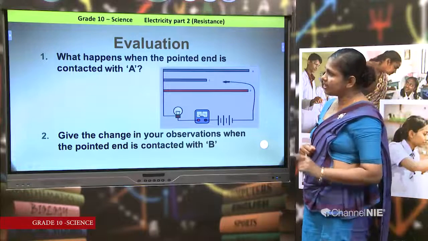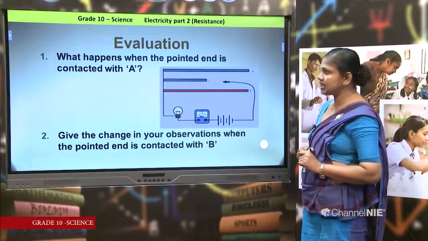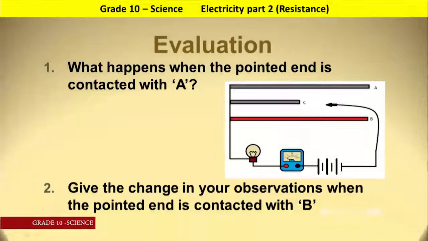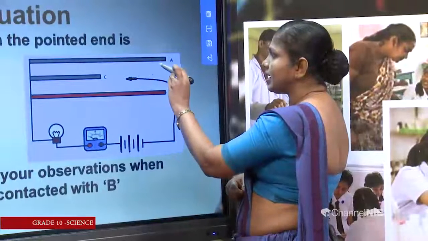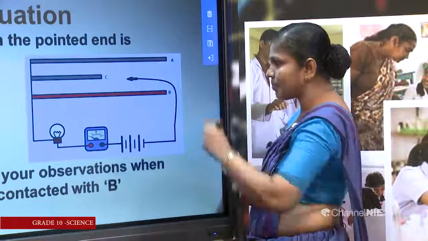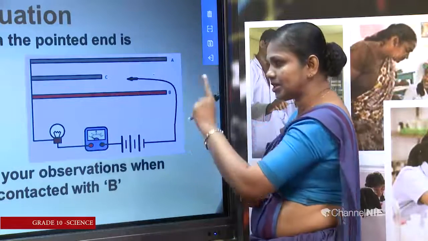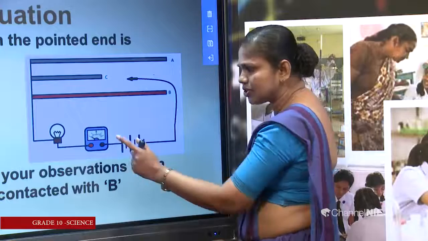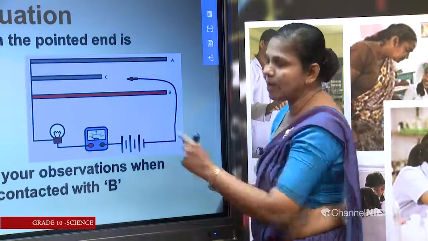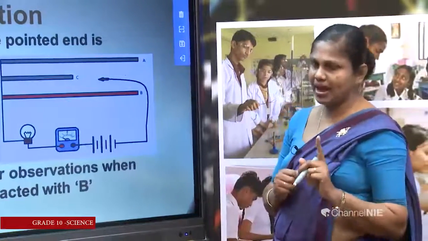What happens when the pointed end is contacted with A, children? Now look here. This question is based on the activity we discussed. If the pointed end is contacted with A, the current flows through the circuit and the ammeter shows a certain reading, and the bulb is also lighted with a certain brightness.